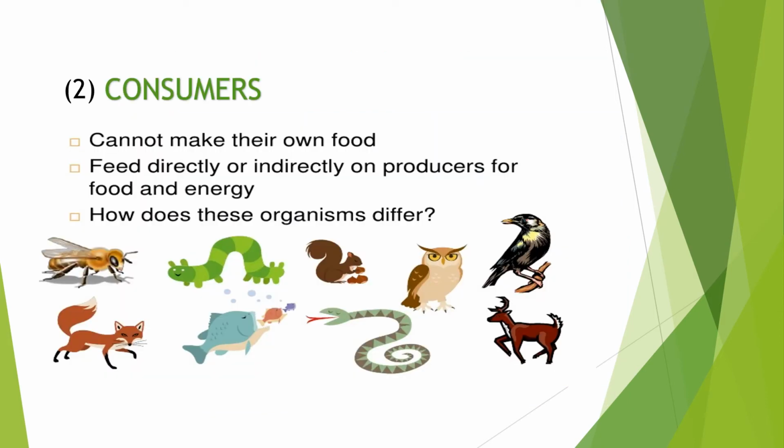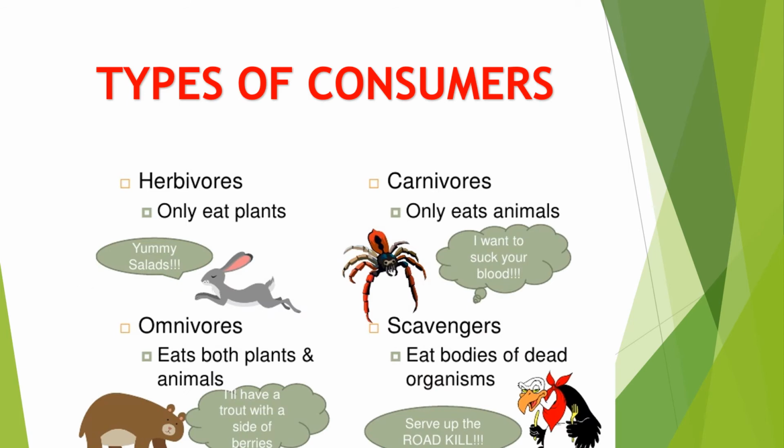Next type is consumers. Consumers are the organisms which are not able to make their food. They are dependent on others for food. Now, consumers are also of different types. There are four types of consumers.